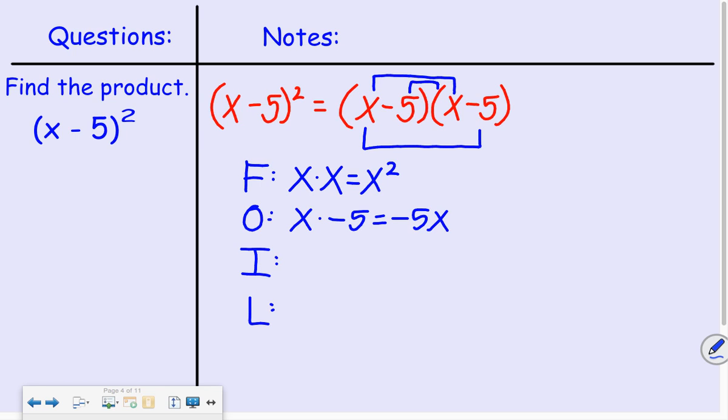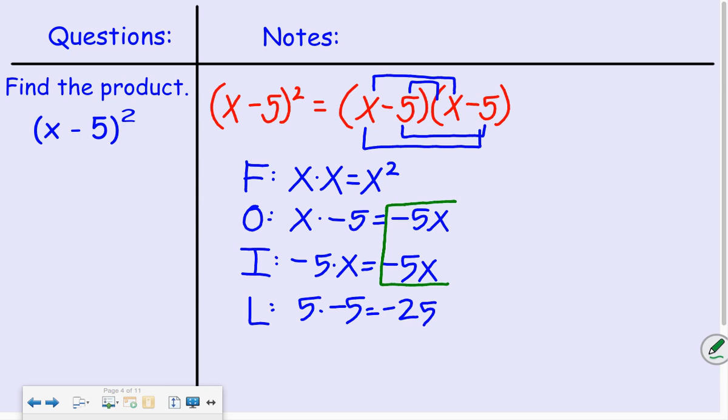My inners, and my lasts. If I combine my O and I, I end up with x squared minus 10x plus 25.